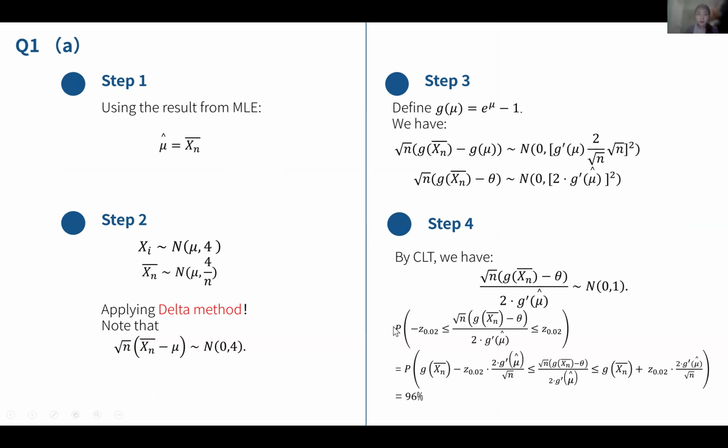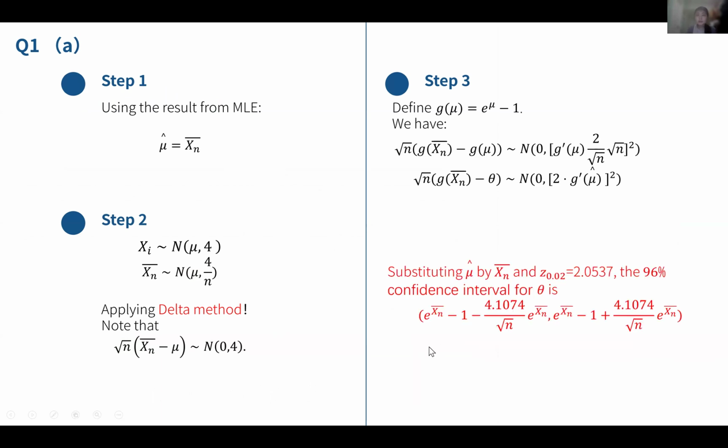So we can have this function here and make a simplification, which equals 96%. Substituting the estimator of mu by Xn bar, the 96% confidence interval for theta is this. So we are done with this problem.